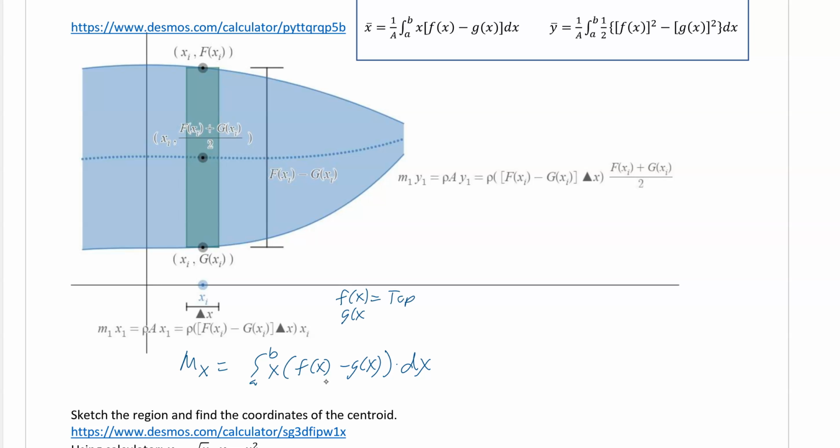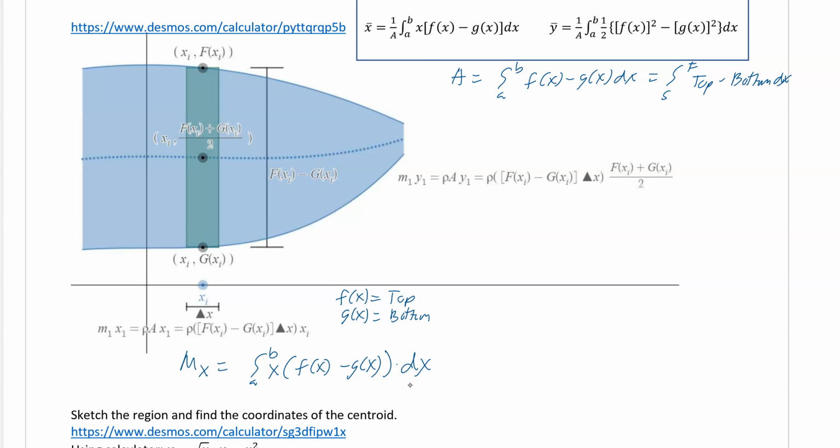Our g of x is the bottom. So it's really from start to finish of x, top minus bottom. So it's just like doing the normal area function that we would have here. Our area is the integral from a to b of f of x minus g of x dx, which is the integral from start to finish of top minus bottom.